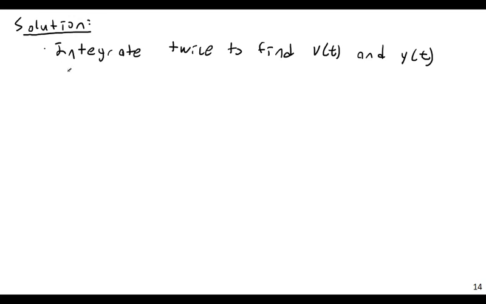So I know initially that dv dt, which is equal to a, is equal to negative 9.81 meters per second squared. I should say a is equal to negative 9.81 meters per second squared. Are we going to be using 9.81 as the standard here?